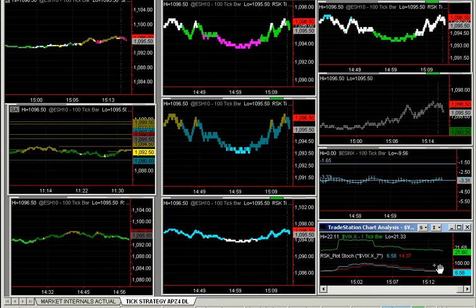If you don't want it there, just minimize it, reformat the workspace. So that's how we've got our SEN charts and the tick strategy workspace are now organized just a little bit differently than they were before, but we've reduced the number of charts on the workspace itself. So that's the new adjustment.